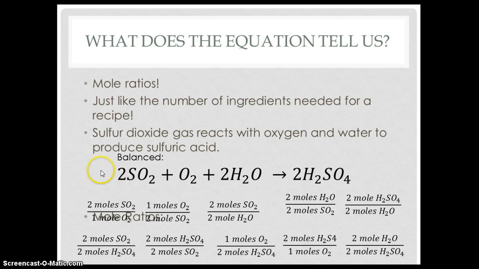So, here, let's look at our equation. Like I said up top, the most important thing in stoichiometry, besides having a balanced equation, is to know what mole ratios you've got. So let's talk a little bit about that. Here I have a 2 in front, so that means I have 2 sulfur dioxides.